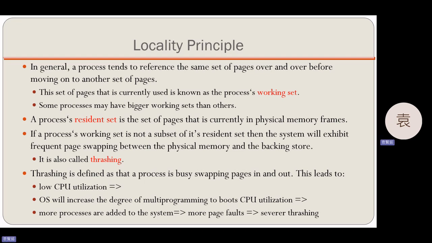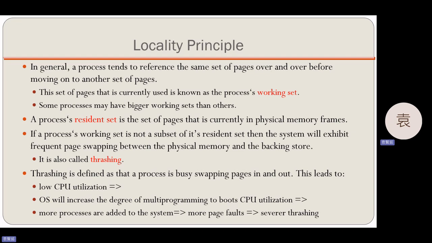So if a process's resident set always covers its working set, then you can imagine that the process can run without too many page faults, because its currently required pages are in memory, right?